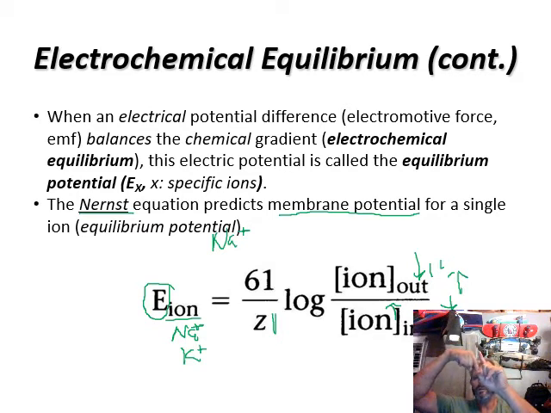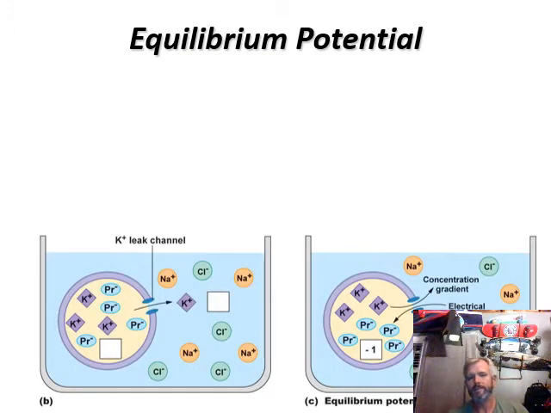When these forces equal, that is when the ions will stop diffusing. They will be in electrochemical equilibrium. All right, let's see how this operates.